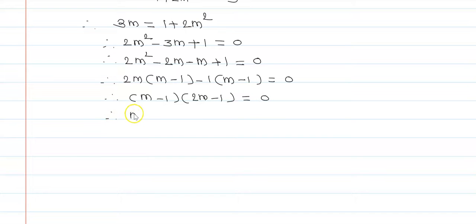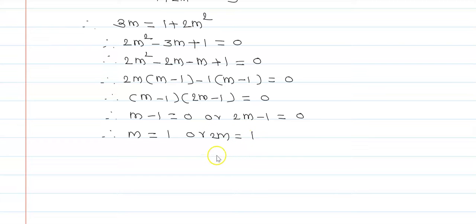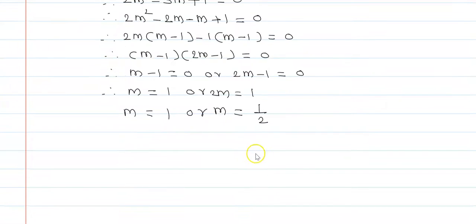Therefore m minus 1 is equals to 0 or 2m minus 1 is equals to 0. Therefore, m is equals to 1 or 2m is equals to 1, that is m is equals to 1 upon 2.